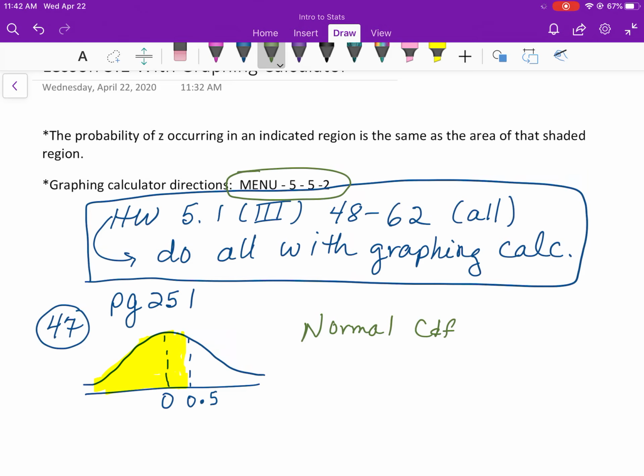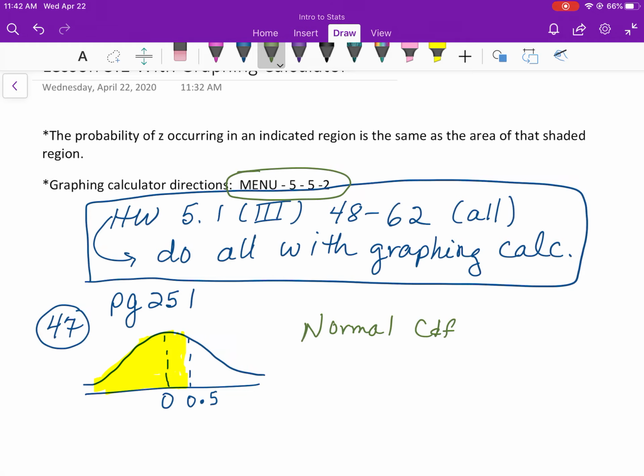Click that one. The lower bound, you're going to leave it alone. Don't change it. The lower bound is -9 times 10 to the 999th power. That is super low. You want to leave that. It's as negative as we're going to go.